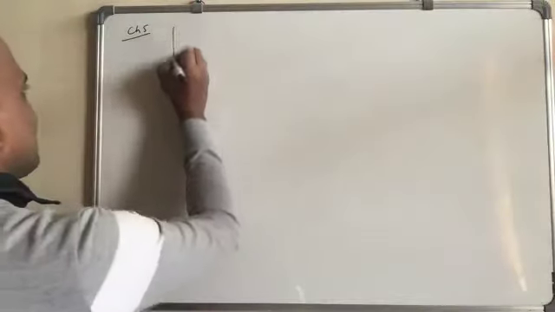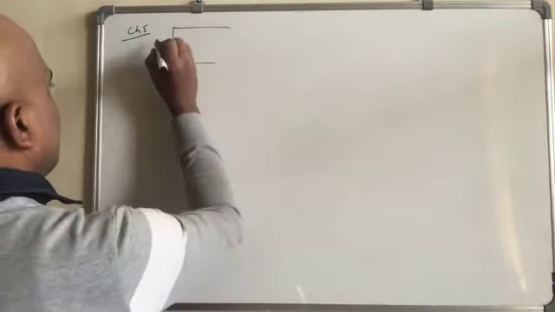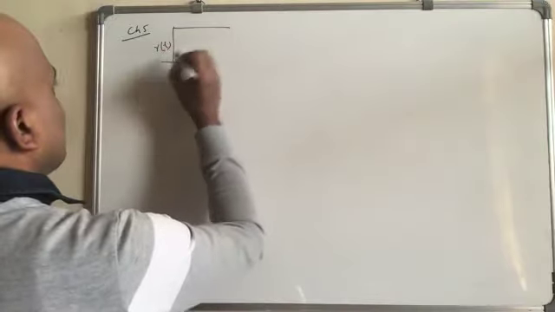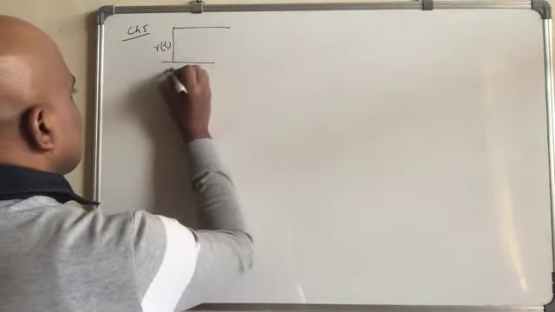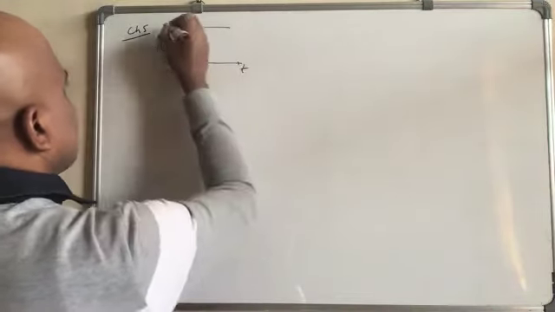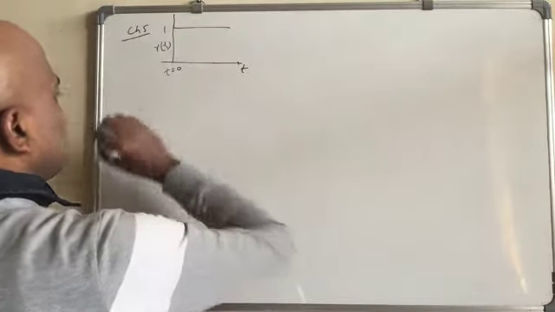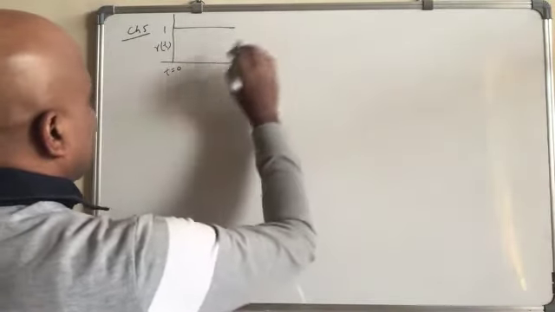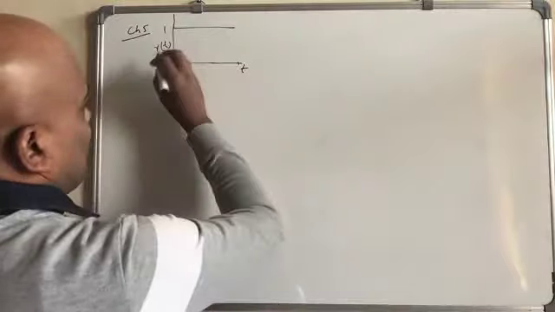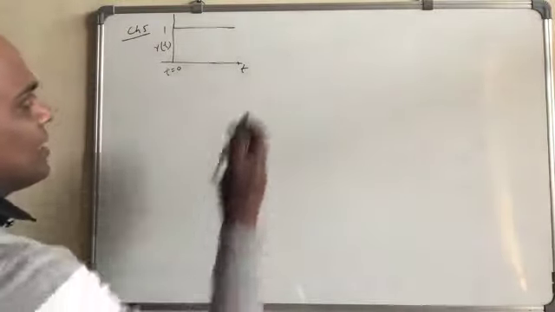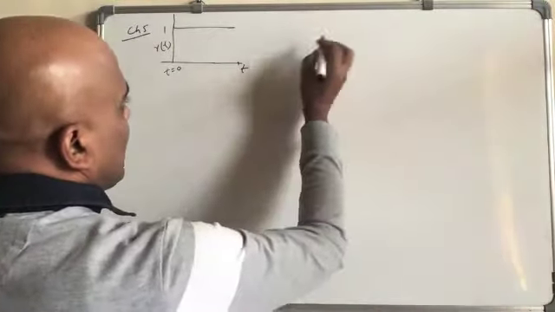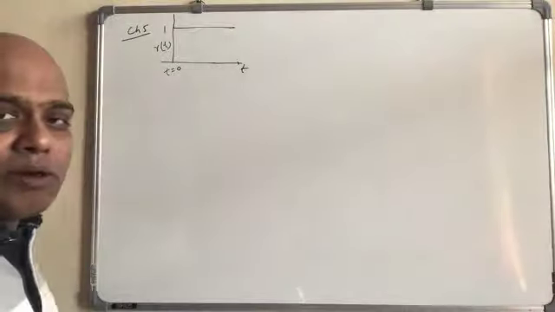So the input r(t) was something like this. This is t equal to 0, going like this, and this is 1. The unit step function was the input, and the output will depend on the condition.